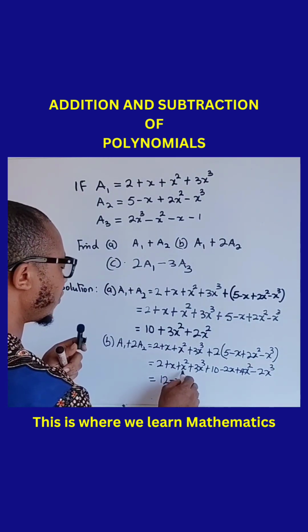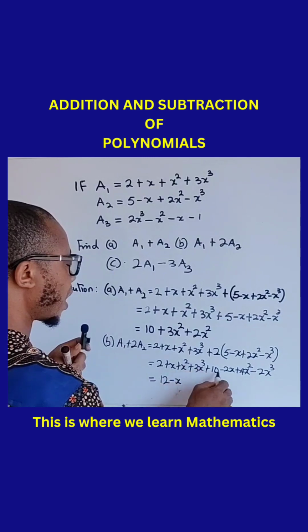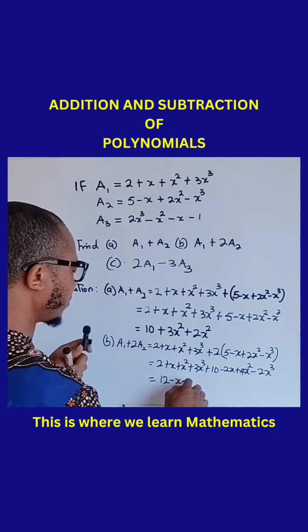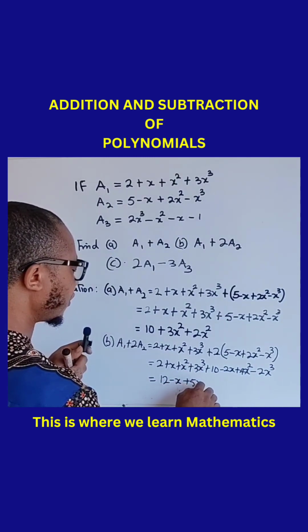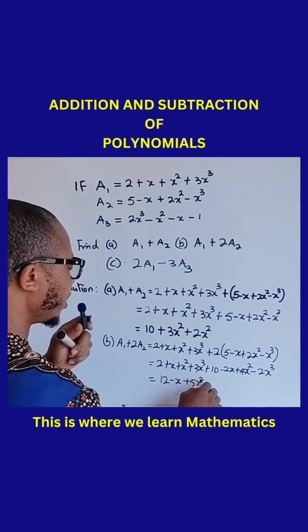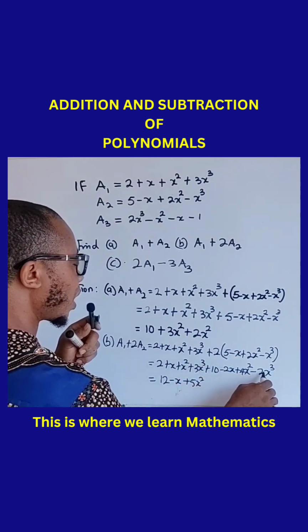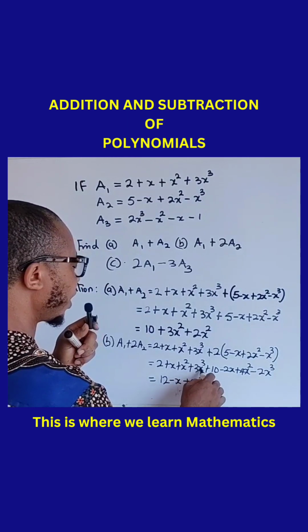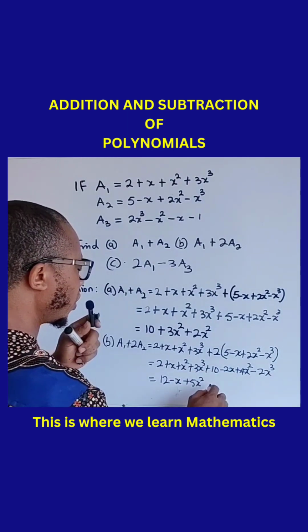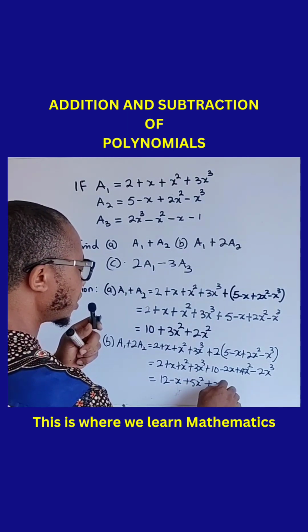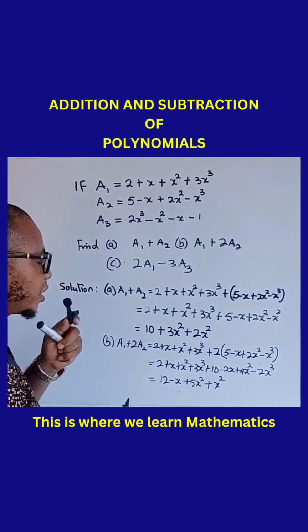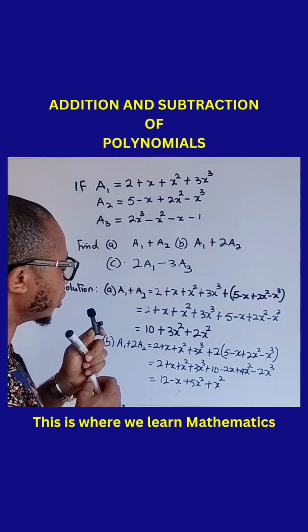Then we have x squared. x squared plus 4x squared will give us plus 5x squared. Then we have 3x cubed and minus 2x cubed. 3x cubed minus 2x cubed will give us plus x cubed, and this becomes the answer to the second question.